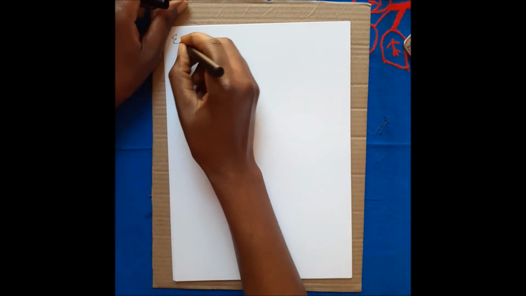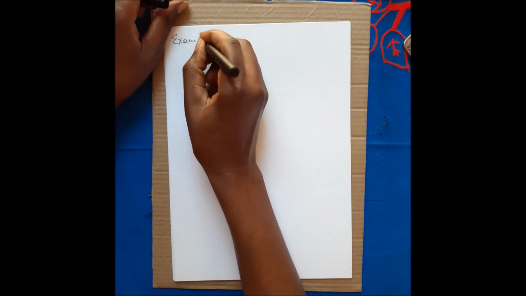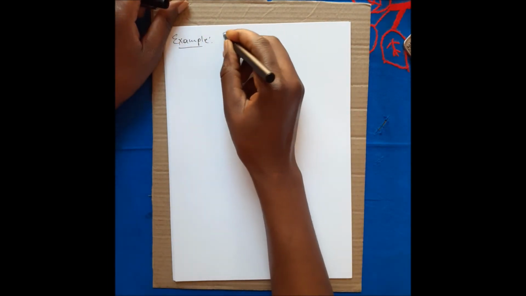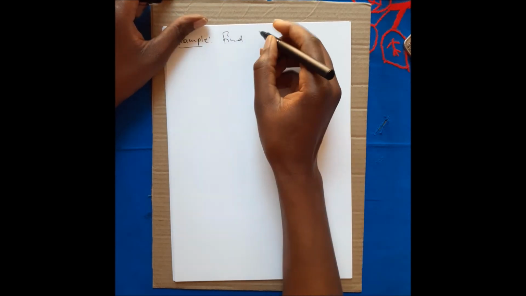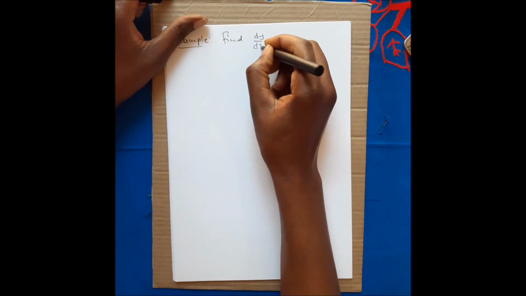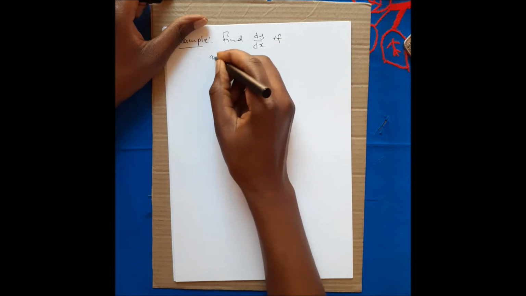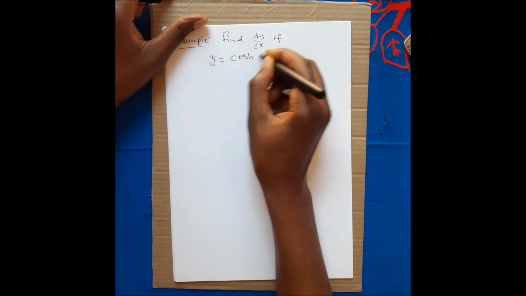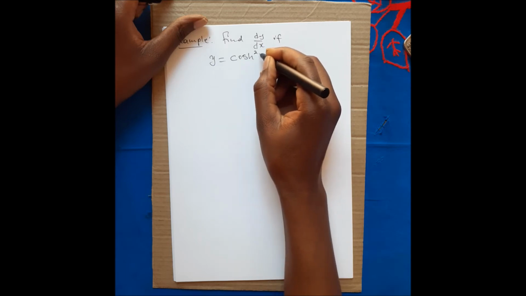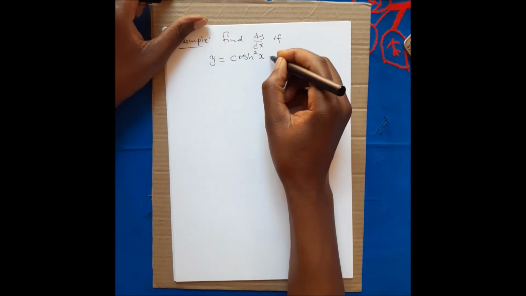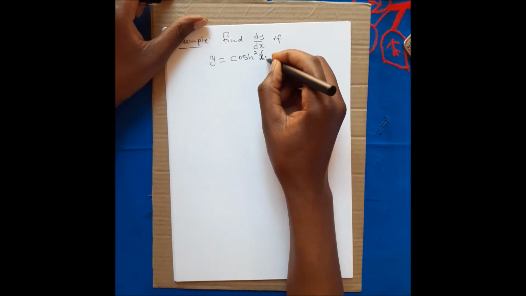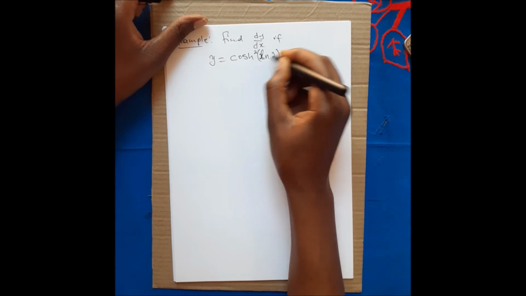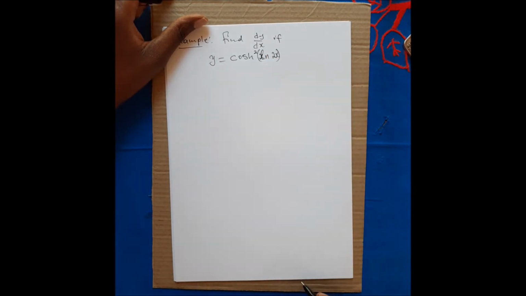That's what we have. So as an example, find dy dx if y equal to, let us take the hyperbolic cosh squared of the ln of 2x, like that.